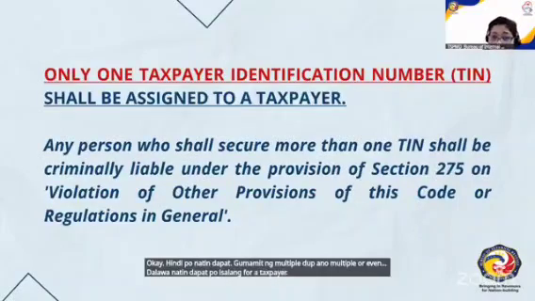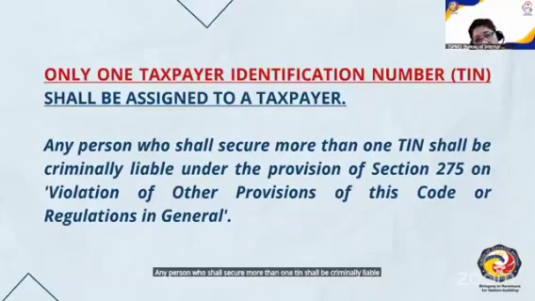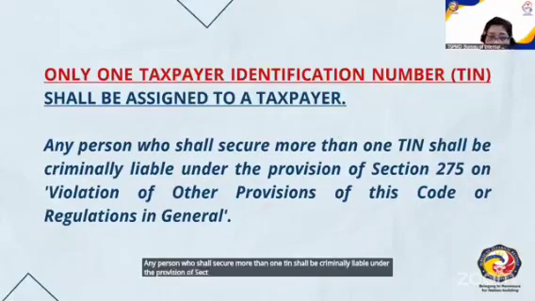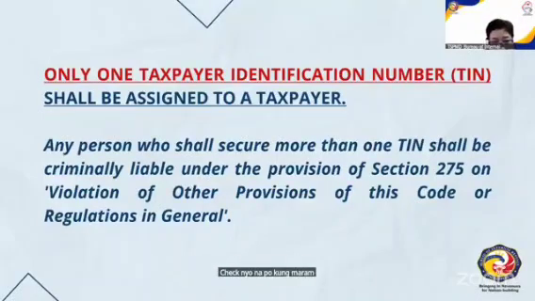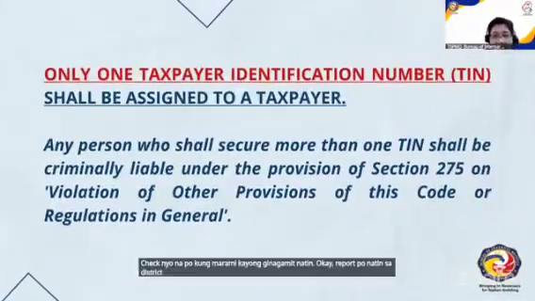Any person who shall secure more than one TIN shall be criminally liable under the provision of Section 275 on the violation of other provisions of this code or regulations in general. So please check if you are using many TINs. Okay? Let us report it to the district having jurisdiction.